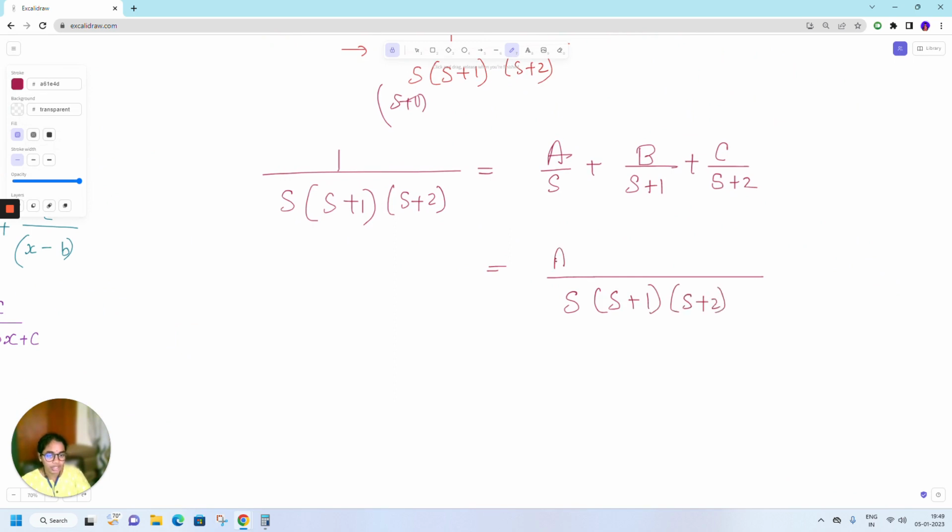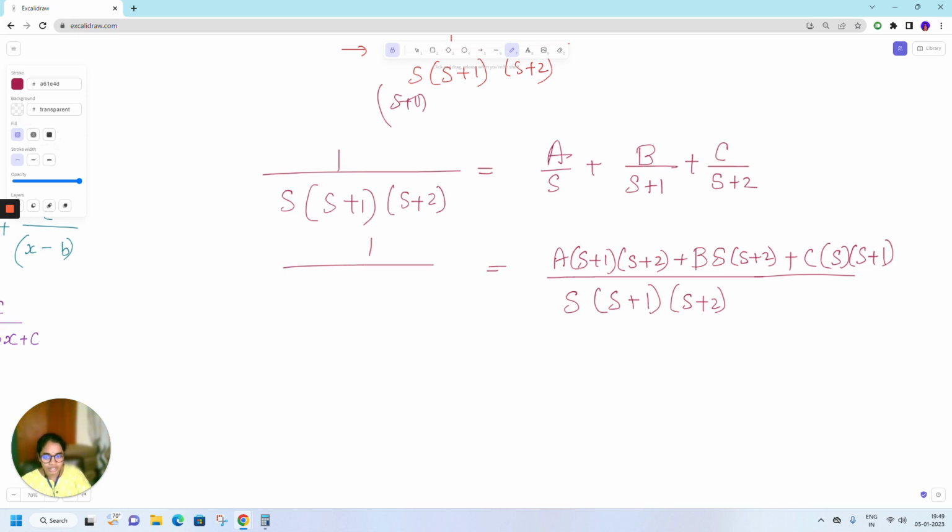In the numerator, I would have the terms other than s, that is s plus 1 into s plus 2, plus b into the terms other than s plus 1, that is s into s plus 2. This is how we take LCM, right? Plus c into terms other than s plus 2, that is s into s plus 1.